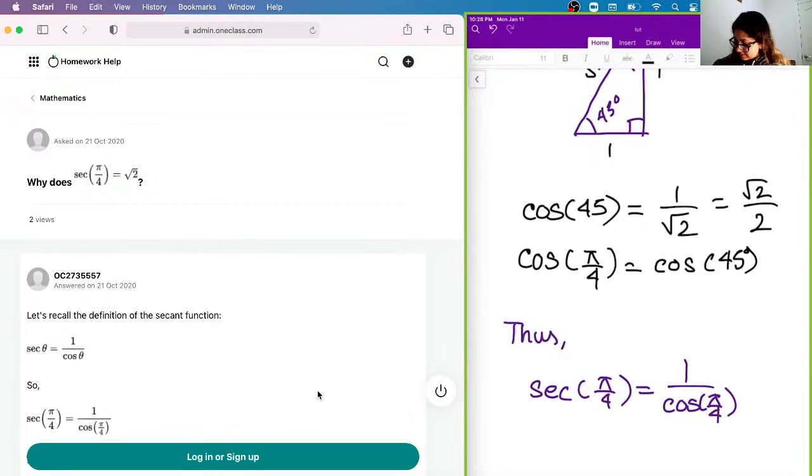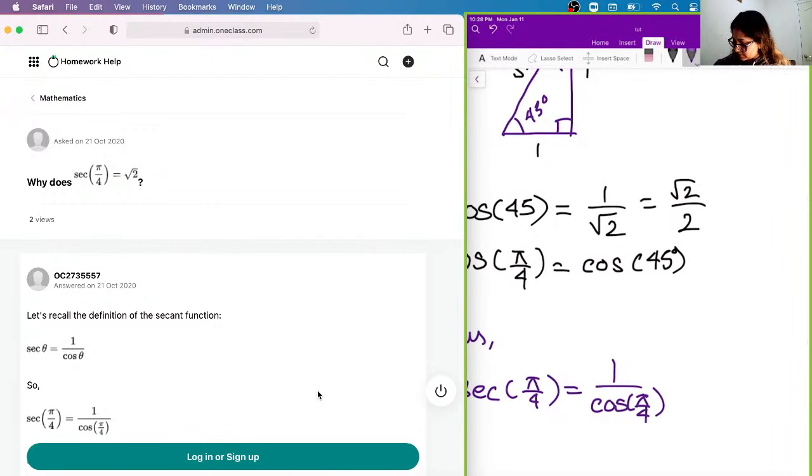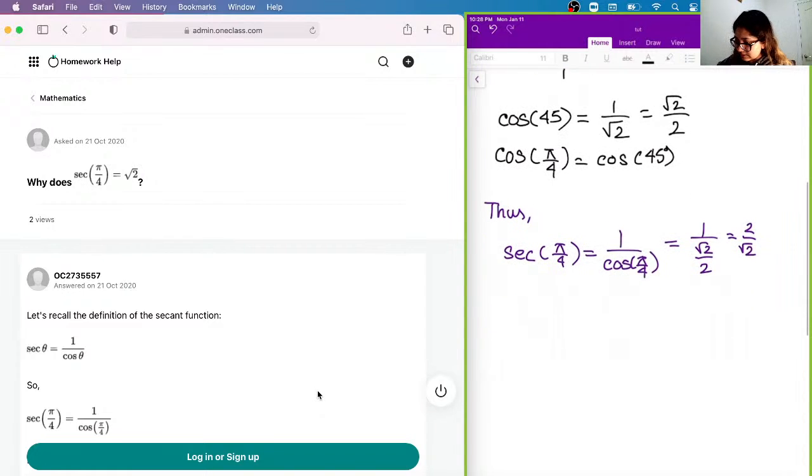We just substitute cos of pi over 4 is equal to square root of 2 over 2. So you have 1 over square root of 2 over 2. And you just flip this over, so you have 2 over square root of 2. And so the last step would be to rationalize.